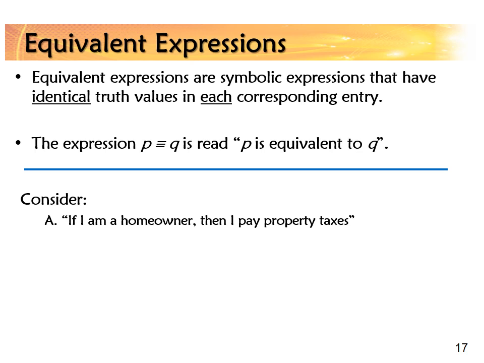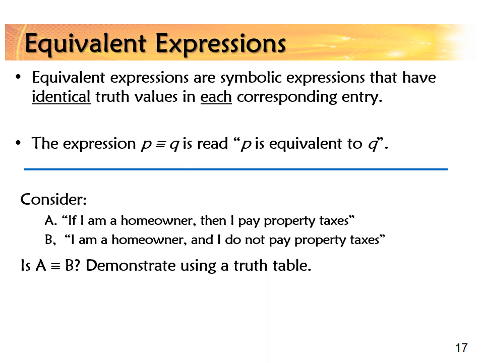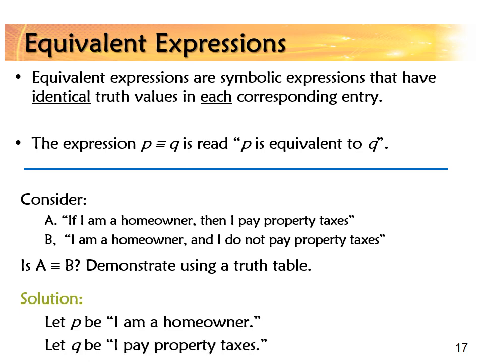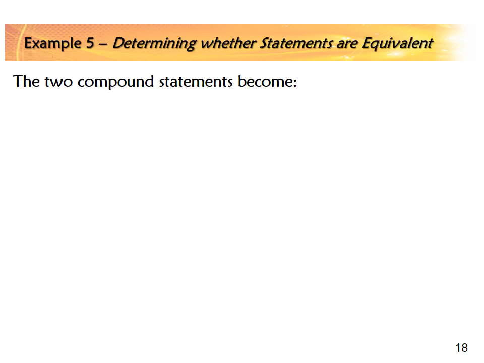Consider, if I'm a homeowner, I pay property taxes. So the two compound statements become, if I am a homeowner, then I pay property taxes, P then Q.